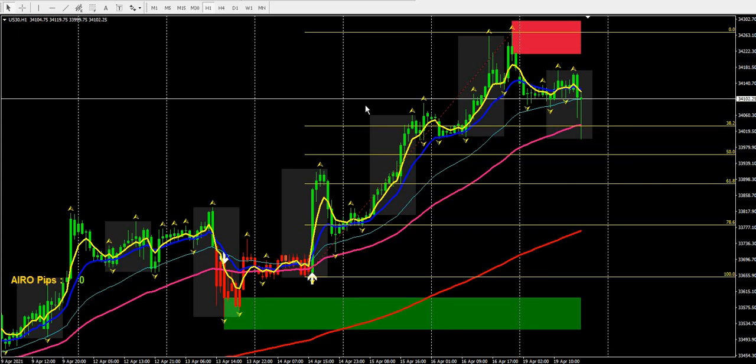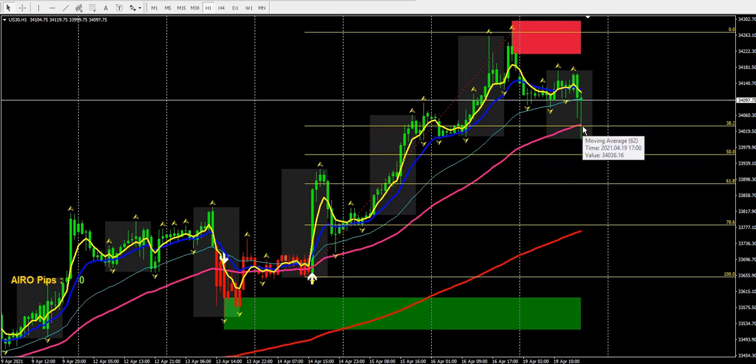And you see these wicks, it did not close below that AIRO MA. So this pullback is somewhat questionable until price closes below this AIRO MA. I'm questioning whether this pullback is done or not, even if it's exhausted like that.